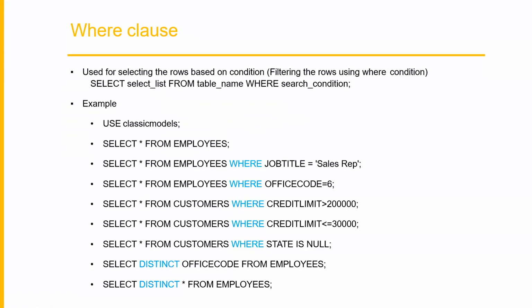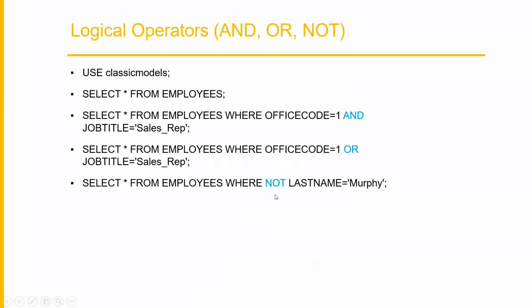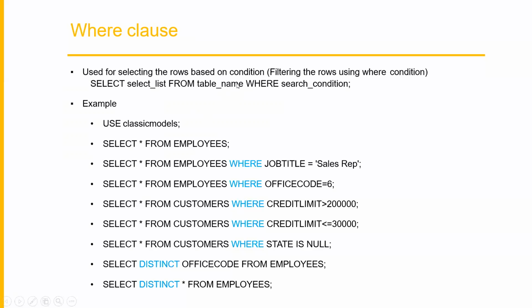All the columns will be read from the database, and we get all the rows. And if we specify select and then a particular column list, then only those columns will be read from the particular table whose name we specify here. So that will be retrieved. This is what we learned.